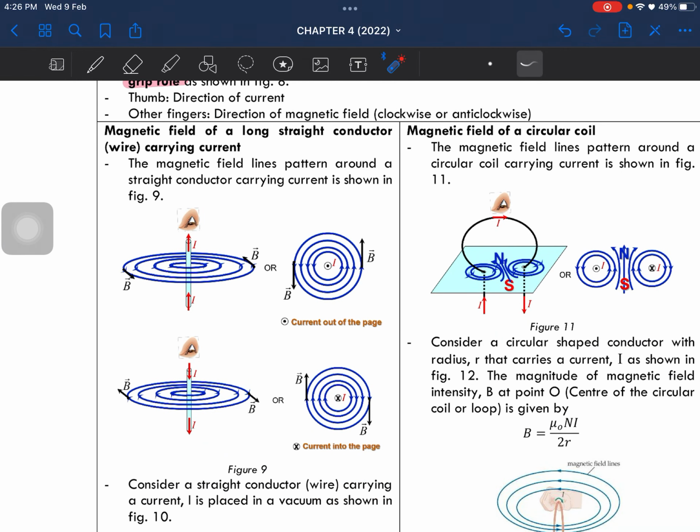Since the current is pointing upwards, let's try and draw. The thumb is here, so basically the other fingers would be pointing to here.